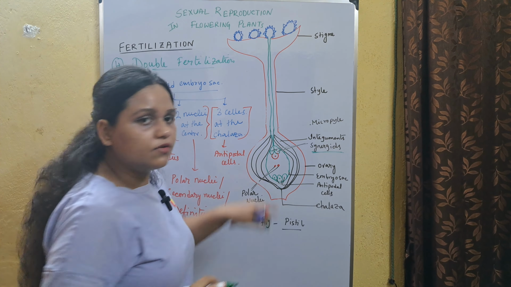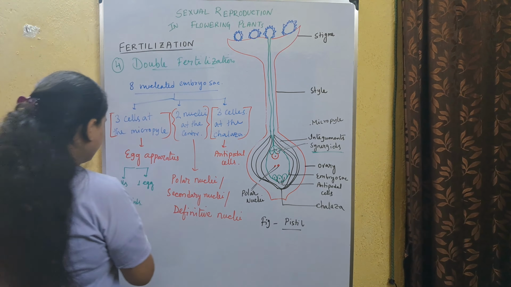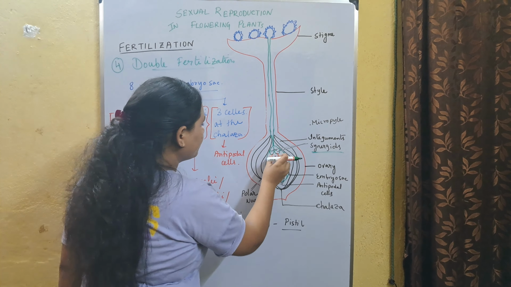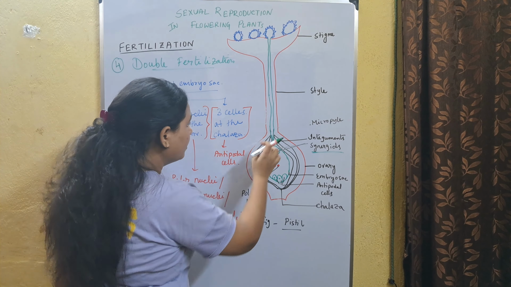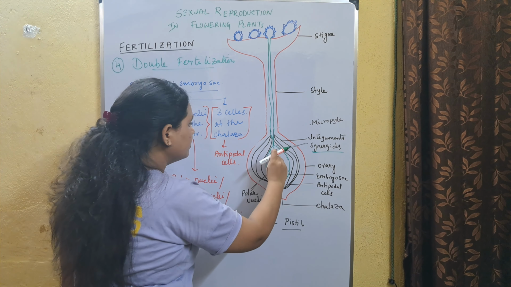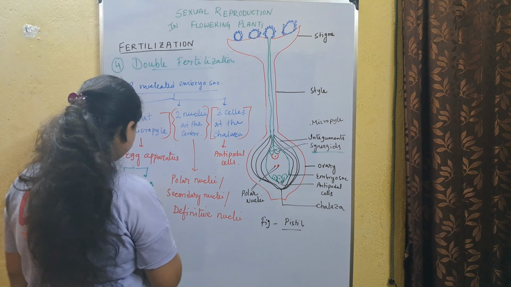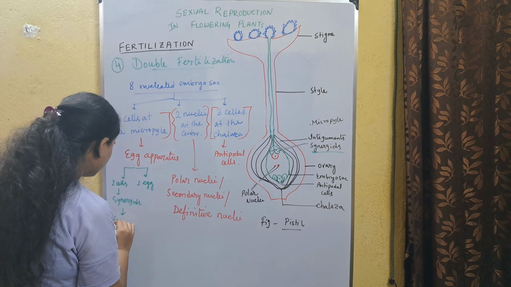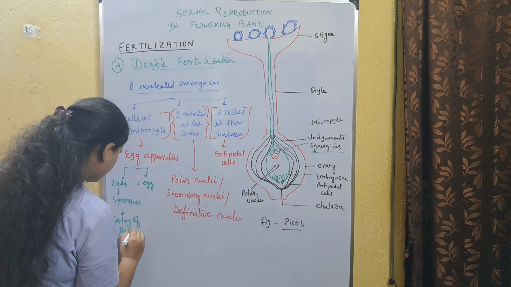I have drawn them with green color to differentiate them from the egg cell. They are synergids and the egg is somewhat different from them. These synergids help the pollen tube to enter through the ovule and fertilize the egg. Their function is entry of the pollen tube.